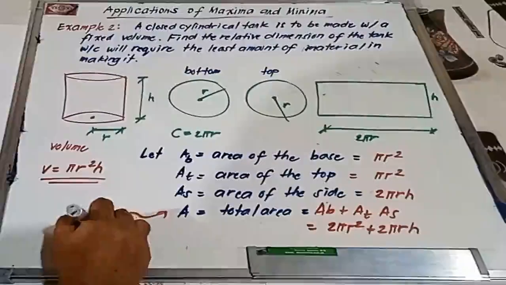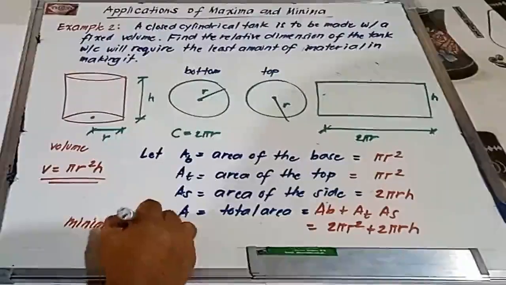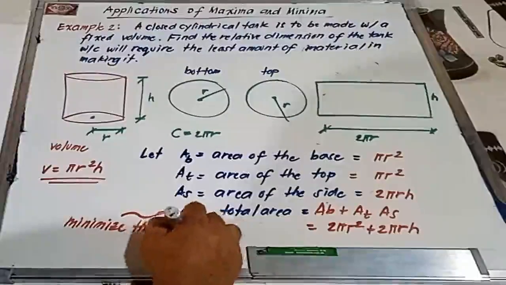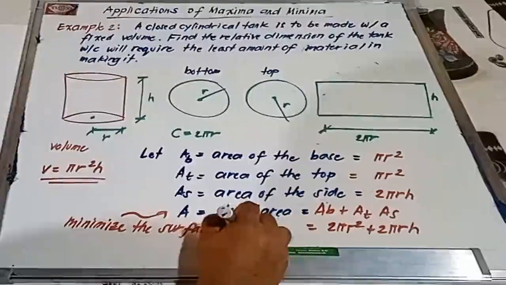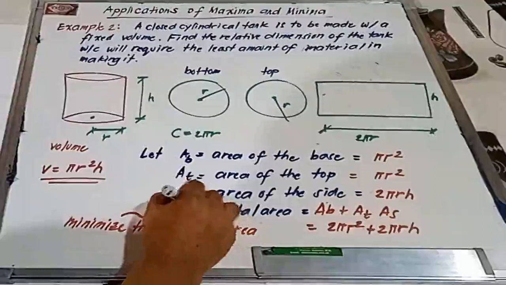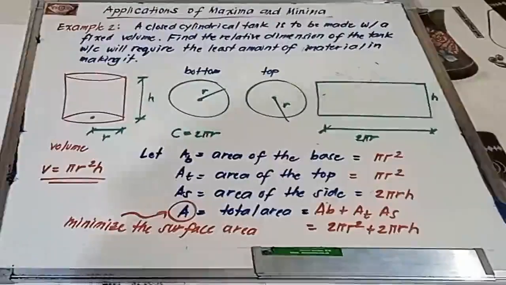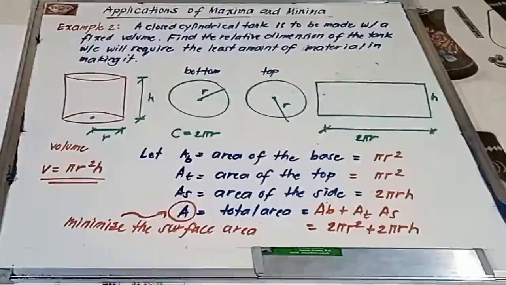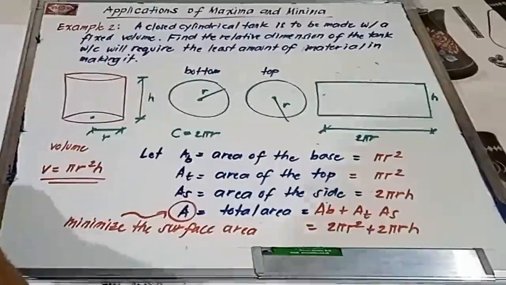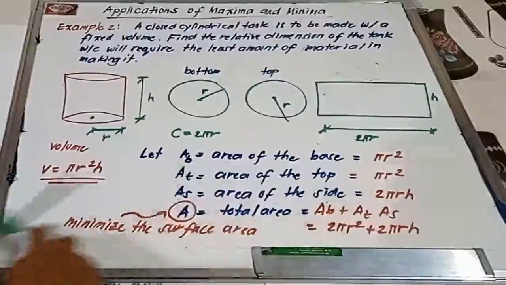Okay? So, ito ang ating i-minimize: the surface area. Ito yung total area. Yan yung ating surface area. Total, lagyan ko para hindi nakakalito.